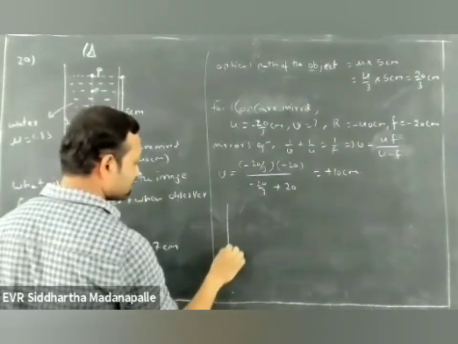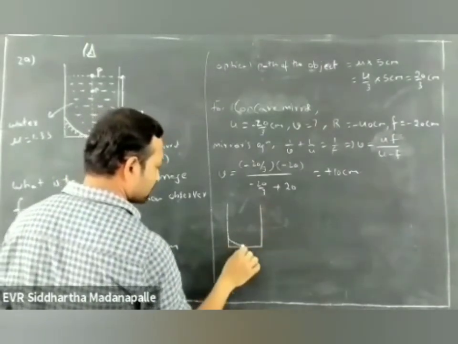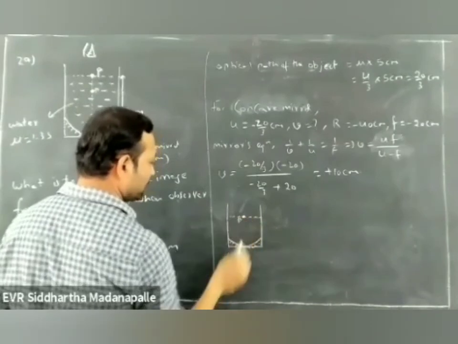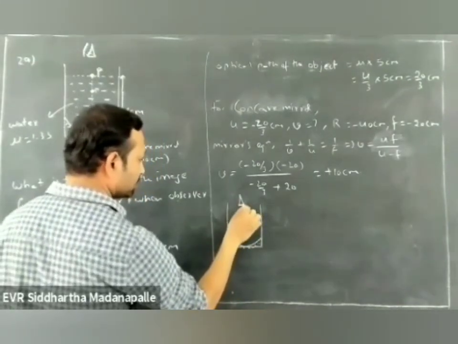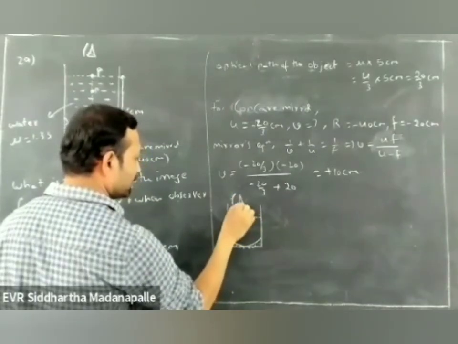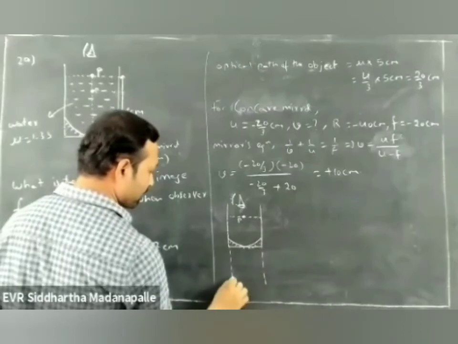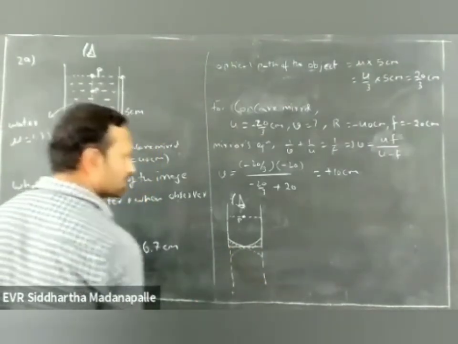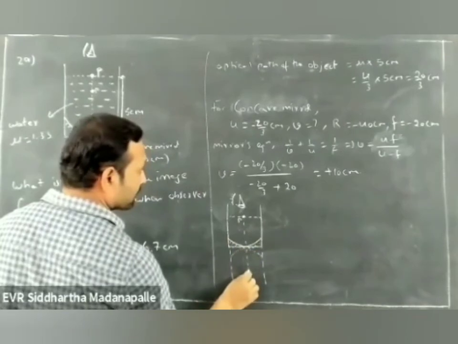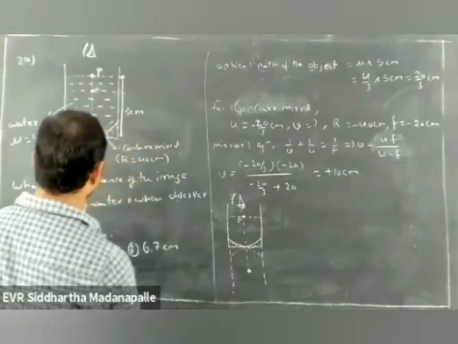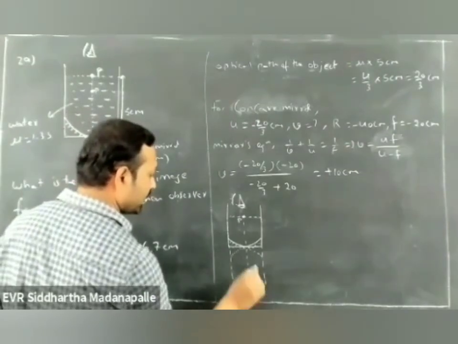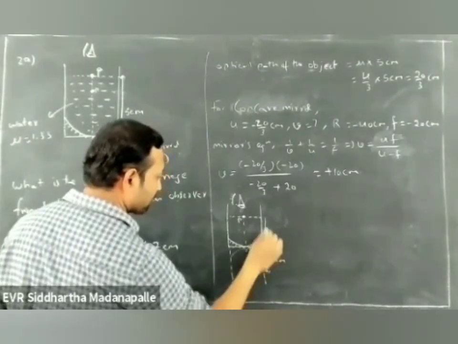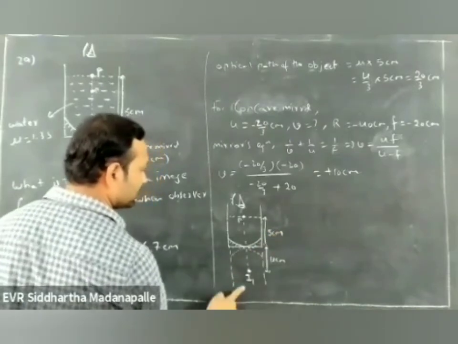Means here, suppose this is A and this is the actual object here, but for the observer, since this is a mirror, this is the eye, which is at 10 centimeter, and this one is 5 centimeter, right?